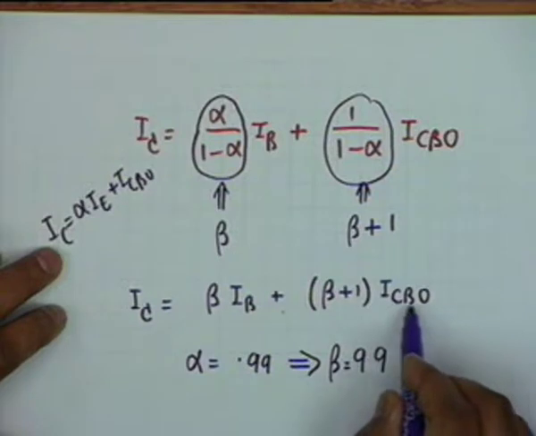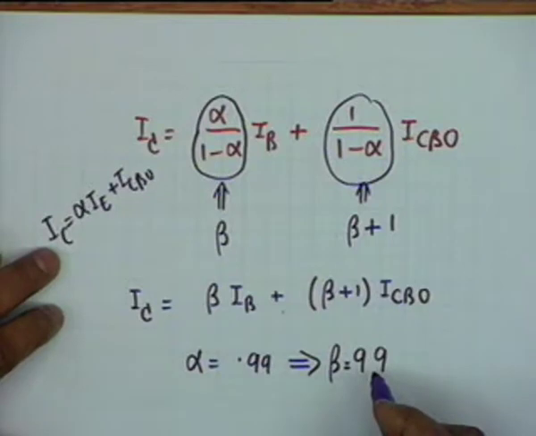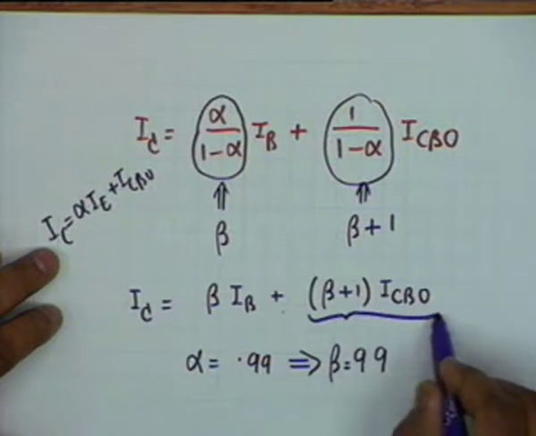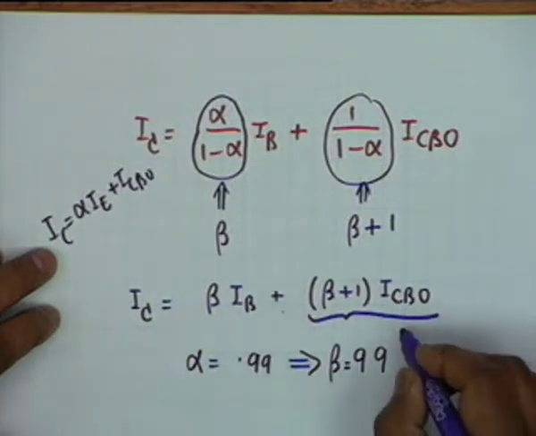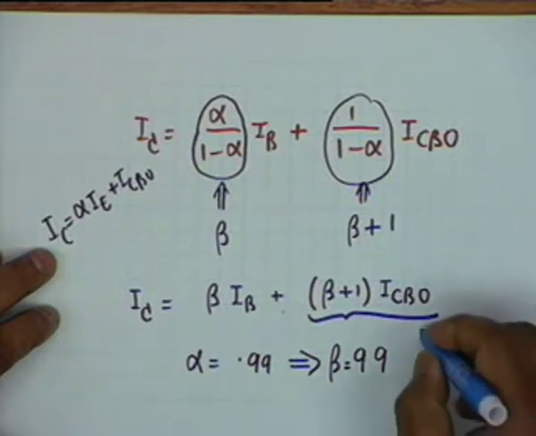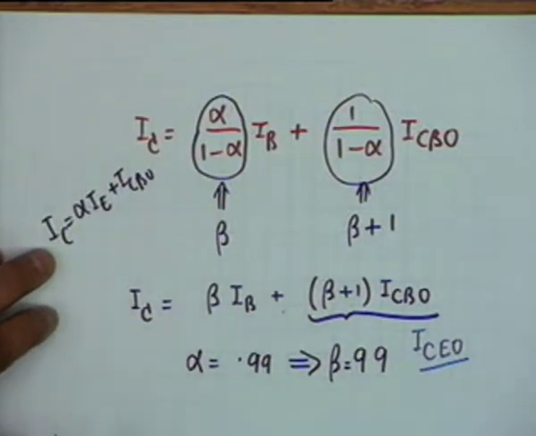Here you see ICBO is multiplied by a large quantity, beta plus 1, and if beta is 99, then this is 100 times ICBO. Therefore the reverse saturation current contributes to a much larger fraction of the total collector current under the common emitter connection, and this current is sometimes denoted by ICEO, the equivalent reverse saturation current under the common emitter connection.